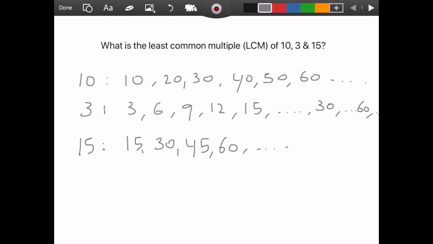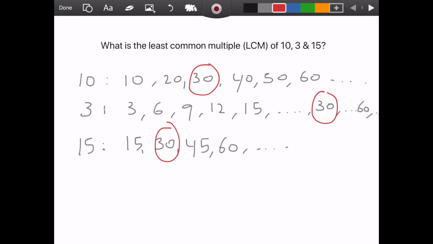Alright? So the question asks what is the least common multiple, right? And we see here the common multiples on the screen. Of course, if you list it longer, you will realize there are many more common multiples of 10, 3, and 15. But just for the sake of simplicity and time, we'll just look at what we have on the screen, and we see that 30 is a common multiple, right? 30 is in 10, 3, and 15.